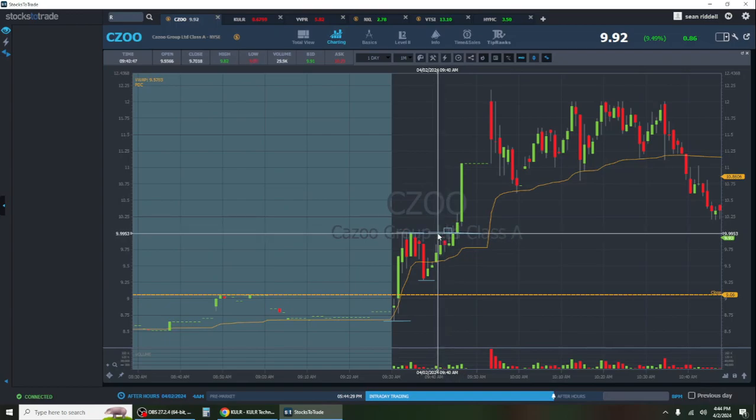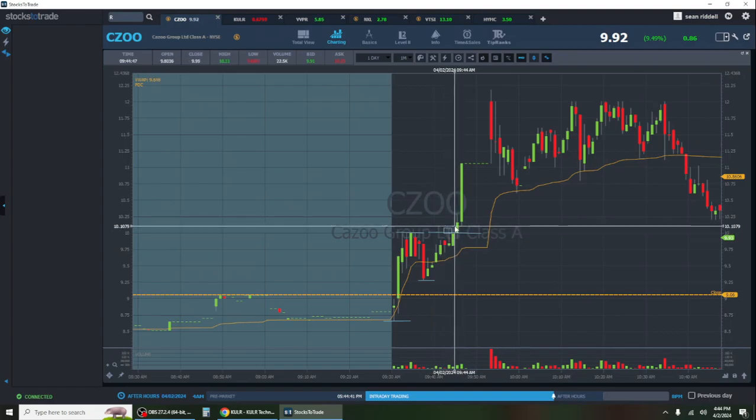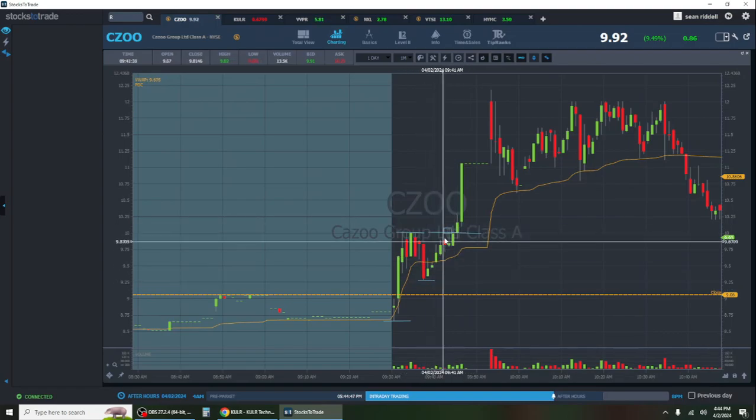The high of day was 10 exactly. So I put a buy stop at 10.02, 10.01, something like that, with the limit order of 10.10. And it filled me at like 10.04, something like that. And then obviously I already knew my risk.